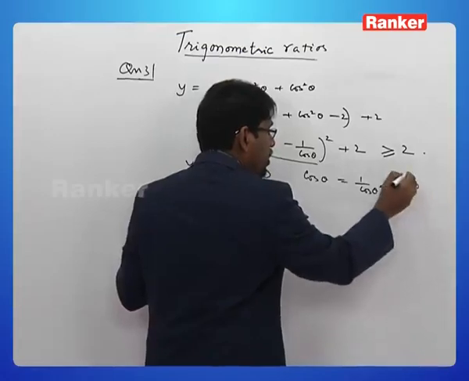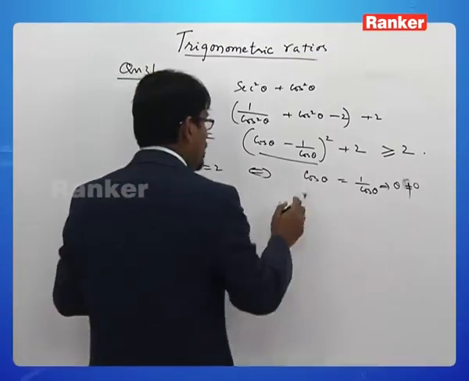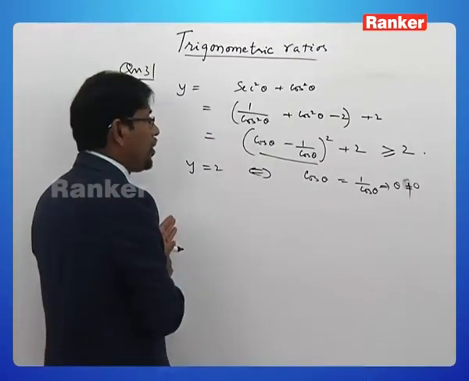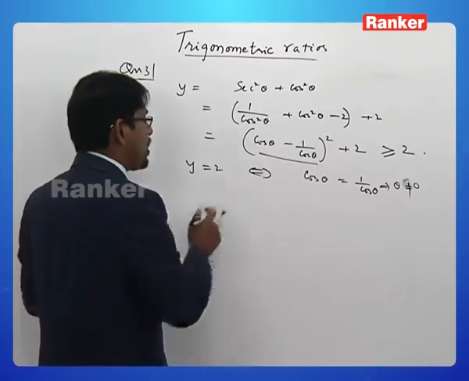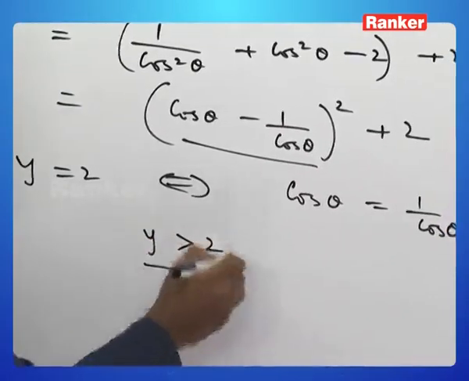But theta is given to be non-zero. So cos theta cannot be equal to 1 by cos theta, so this cannot be equal to 0, which means y cannot be 2. Therefore y has to be greater than 2 only.